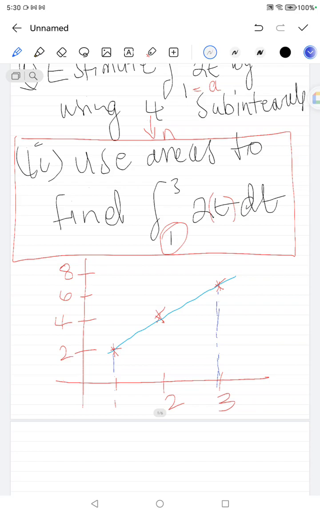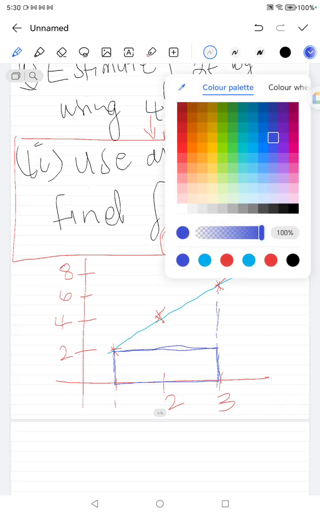That's where we can split this into 2 shapes: a square at the bottom, then a triangle at the top. Okay, here's a black one.